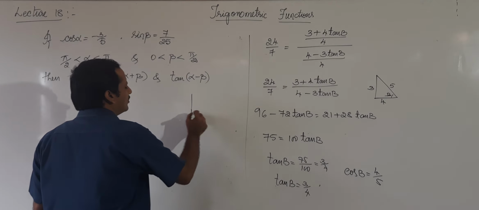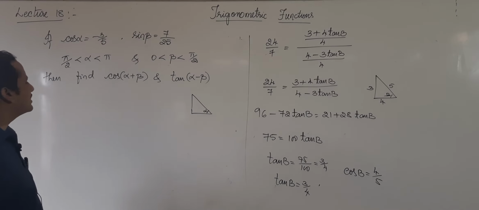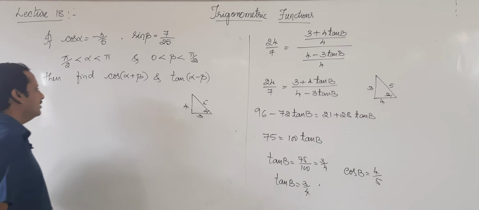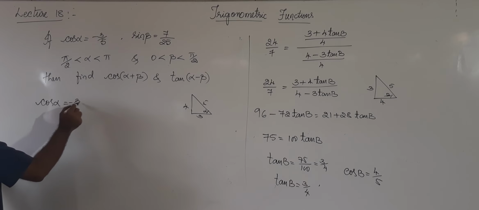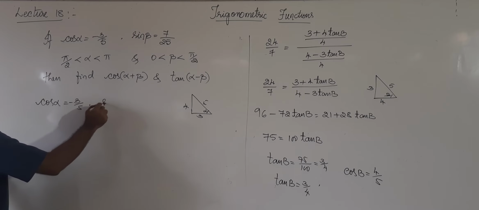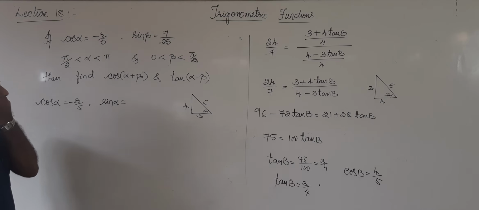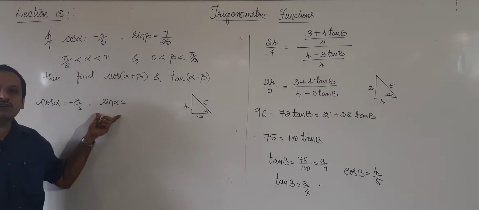So consider this alpha, cos alpha is minus 3 by 5, 3 by 5, this will be 4. So we have cos alpha is equal to minus 3 by 5. Then what about sin alpha? Sin alpha will be positive because alpha is in the second quadrant.